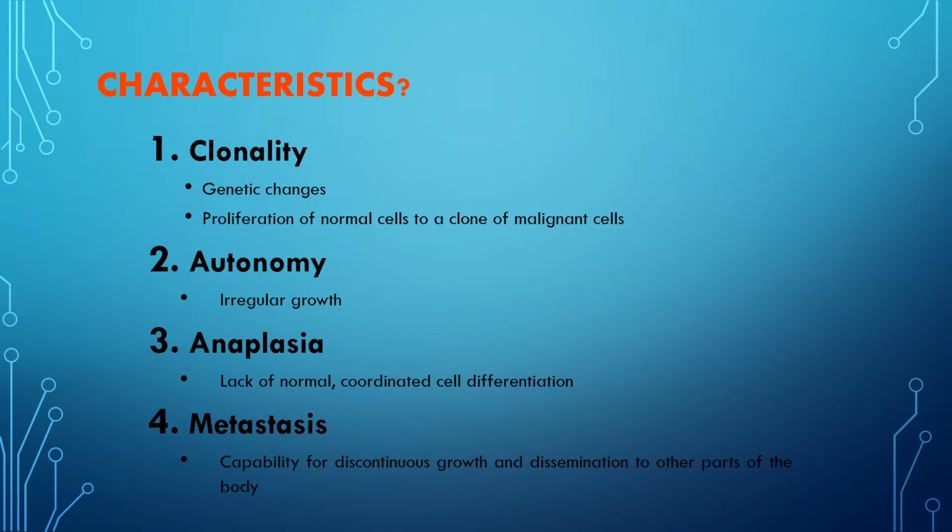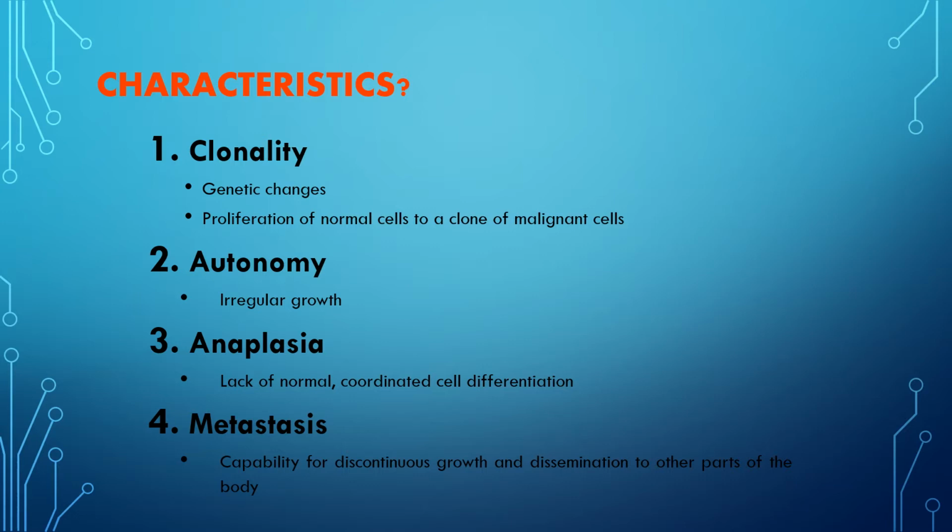Okay, second one is autonomy. What do you mean by autonomy? Growth is not properly regulated by the normal biochemical and physical influences of the environment. There is an irregular growth of cells that cause cancer later.